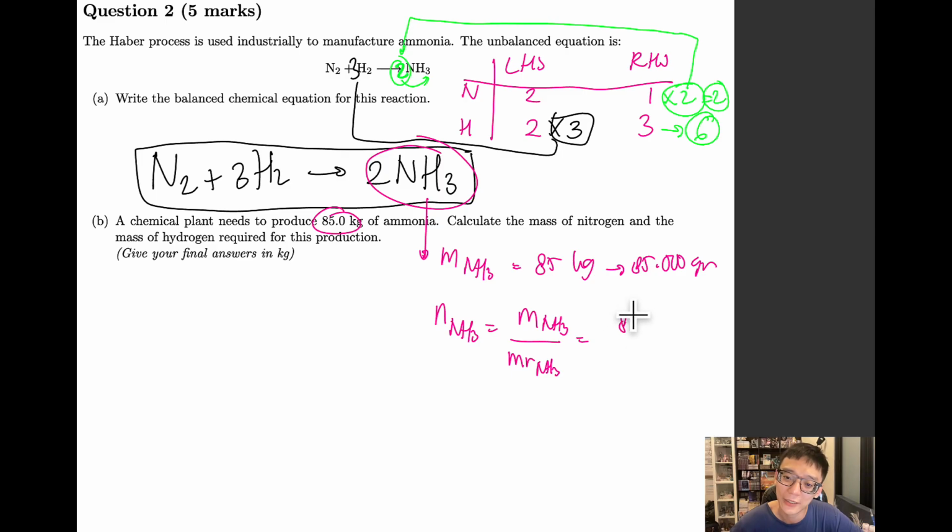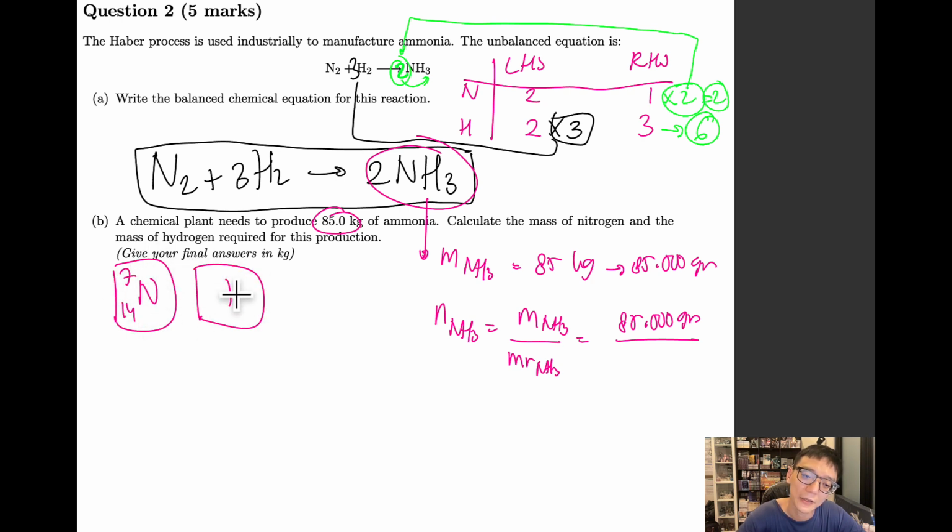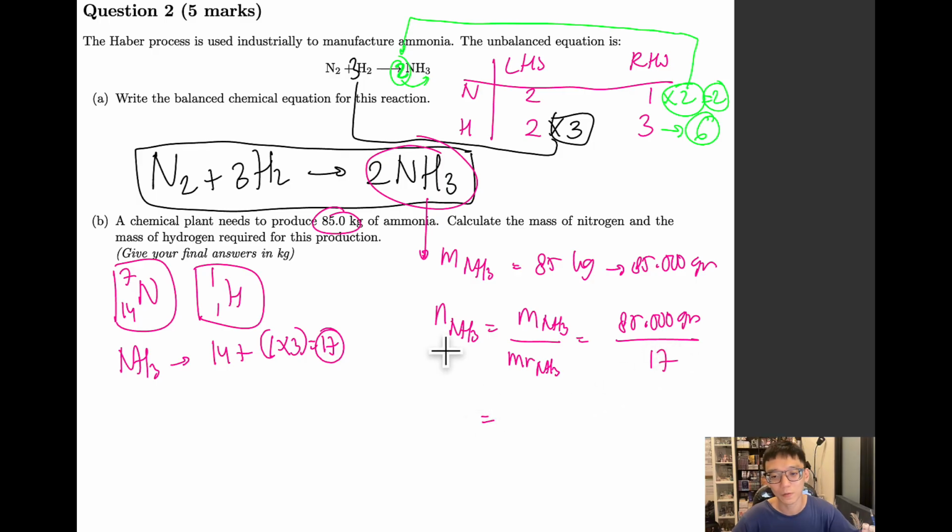So it's like 85,000 gram divided by the MR of NH3. Nitrogen is 14, hydrogen is 1. So NH3 will be 14 plus 1 multiplied by 3, 17. Meaning that the mole of ammonia that is produced will be 5,000 mole.